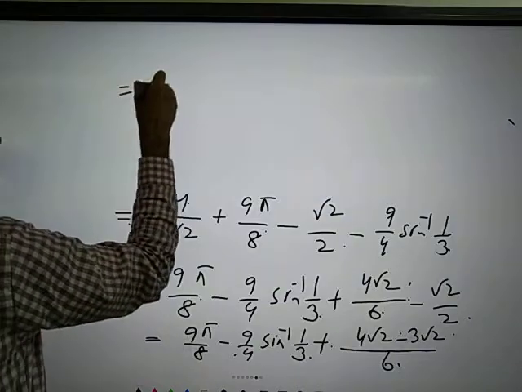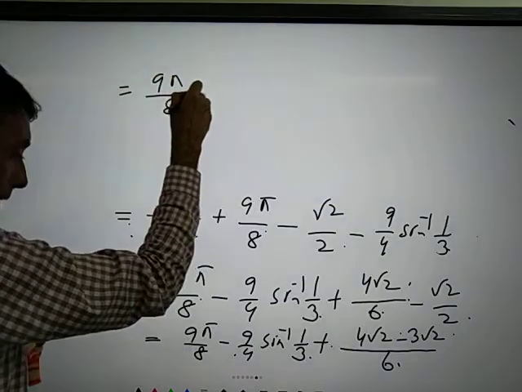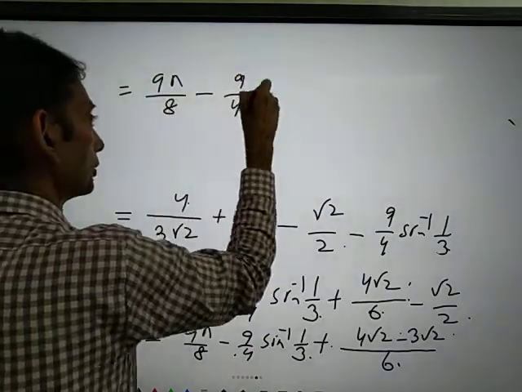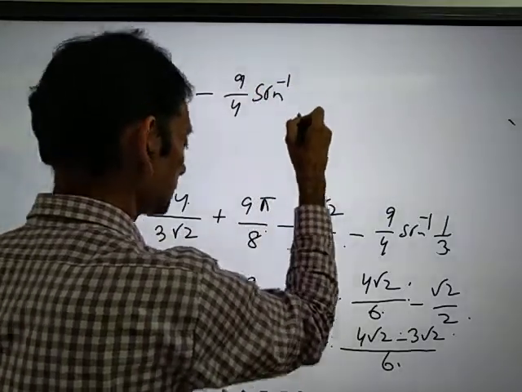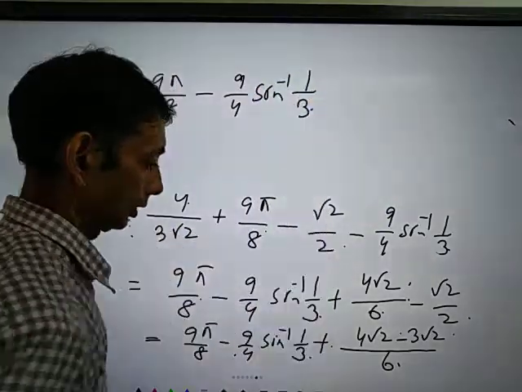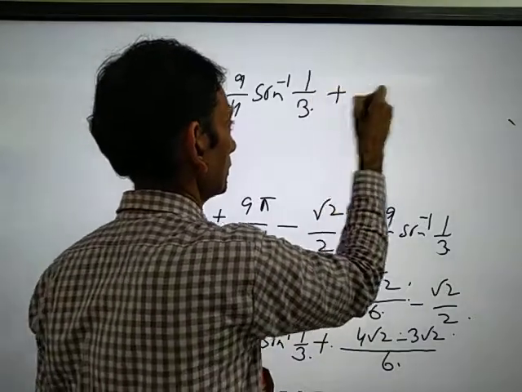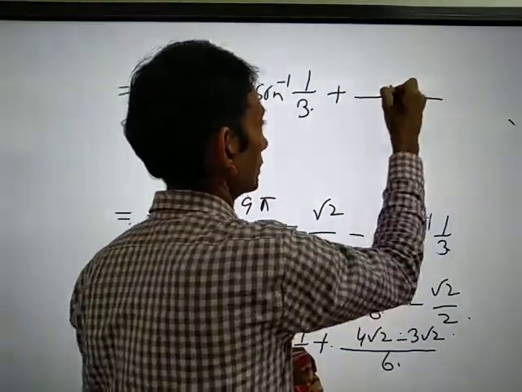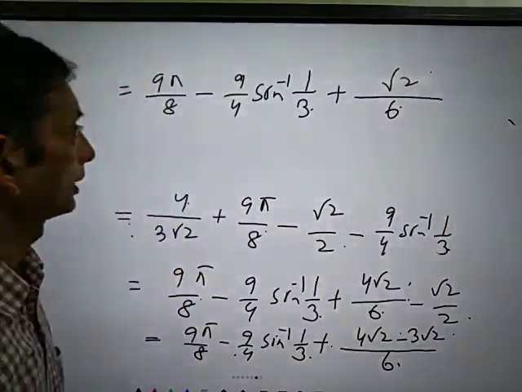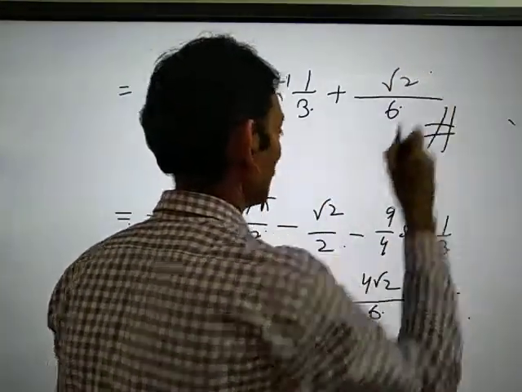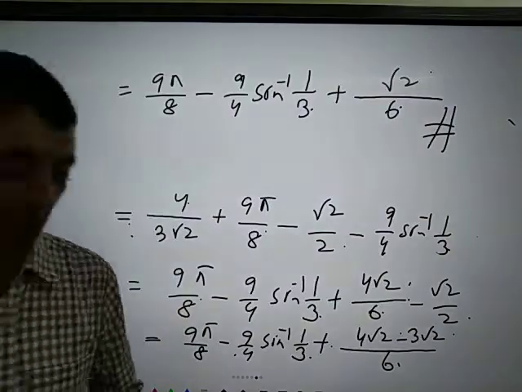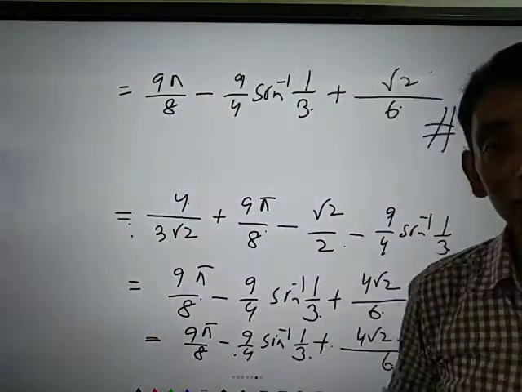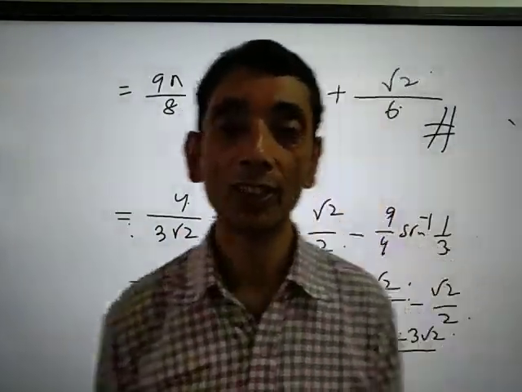The answer is 9 pi by 8 minus 9 by 4 sine inverse 1 by 3 plus 4 root 2 minus 3 root 2 over 6, that is root 2 by 6. This is the answer for this question.